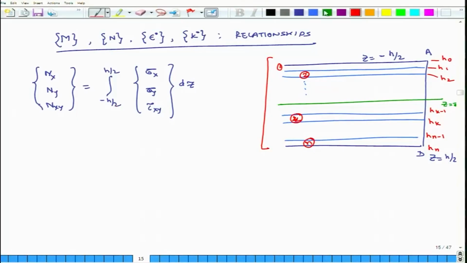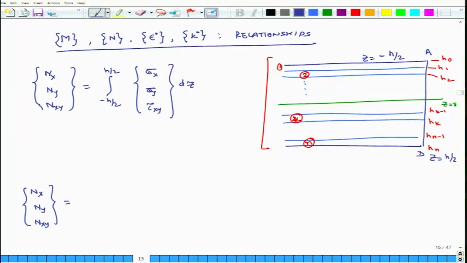With this convention we develop this relation further. So, we say that Nx, Ny, Nxy equals... Now, what we have to do is integrate sigma x across the thickness of the specimen.